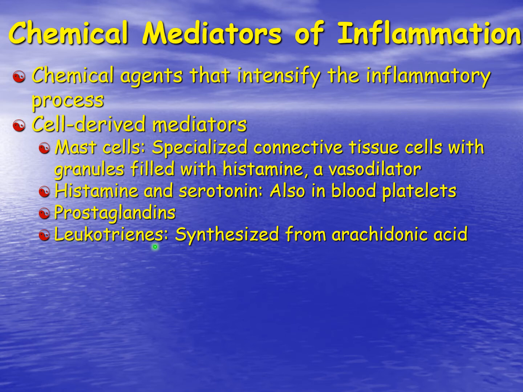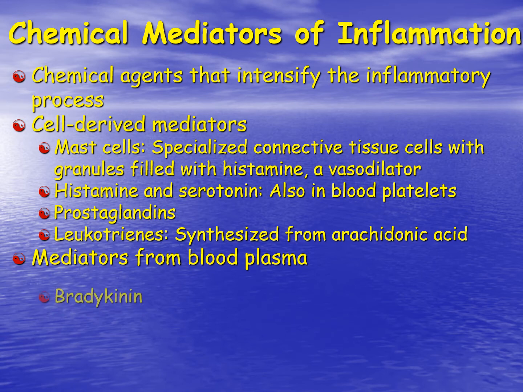The leukotrienes are also synthesized in the mast cell once they are activated, and both prostaglandins and leukotrienes are synthesized from one of our amino acids called arachidonic acid. Mediators from blood plasma will include bradykinin from the kinin system and complement proteins from the blood complement system.